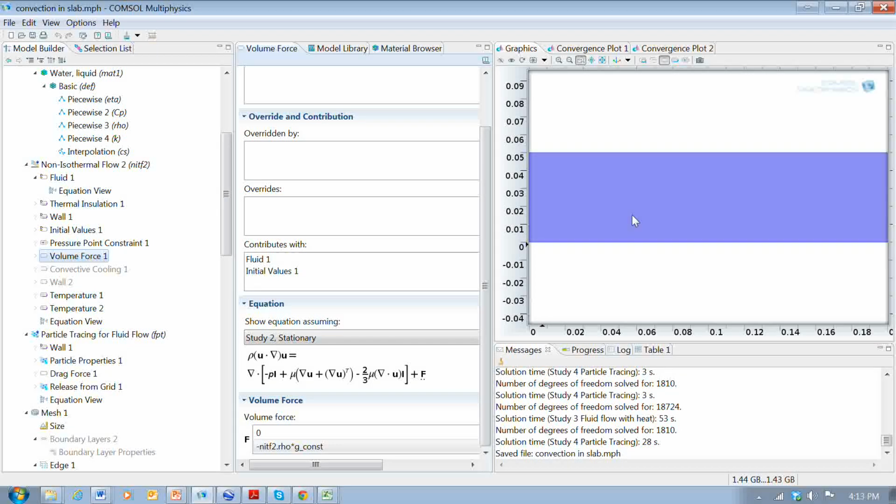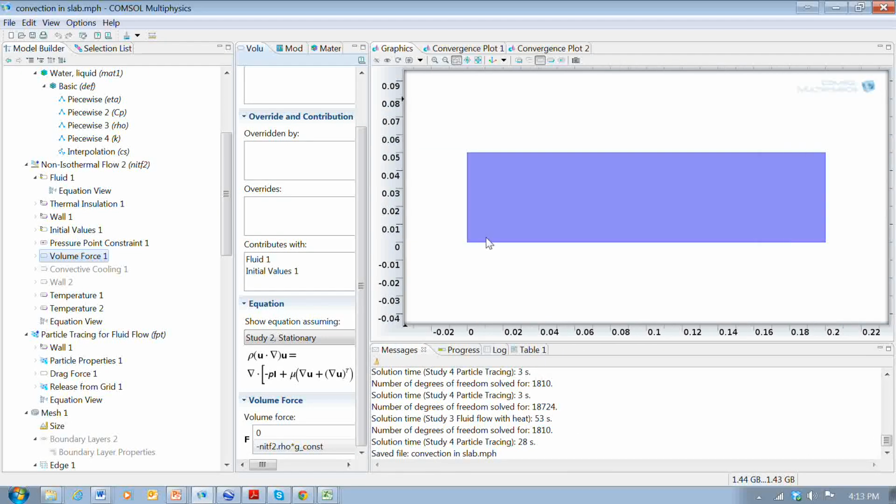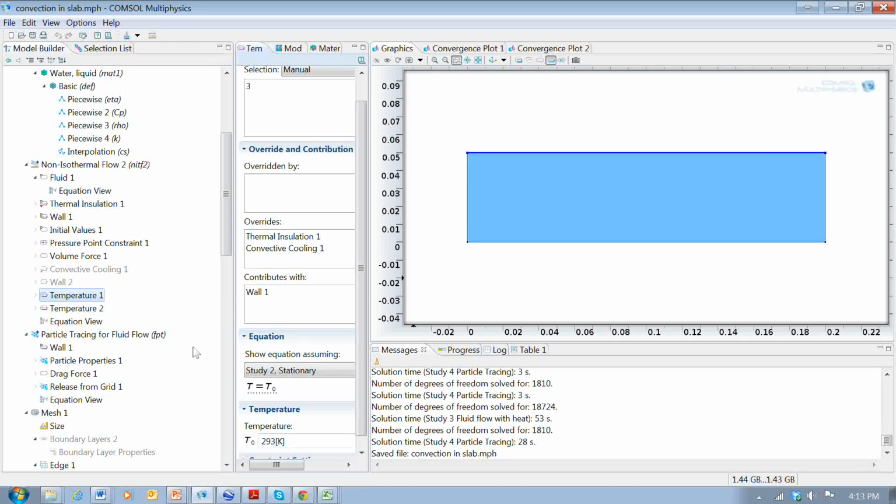Okay, so for this first problem, the way we're going to set this up is just heat it on the top or the bottom. So we're going to fix the temperature on either the top or the bottom. So this is a temperature boundary here and a temperature boundary here. That's how I set it up. And what I'm going to do first is to make the top boundary the heated one. So I start off with the initial temperature of 293.